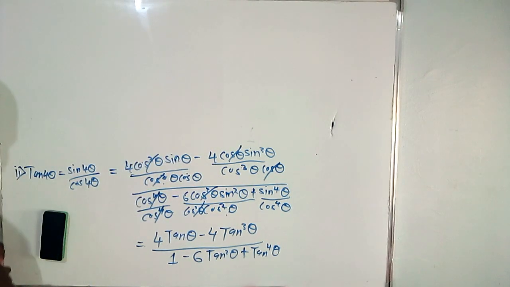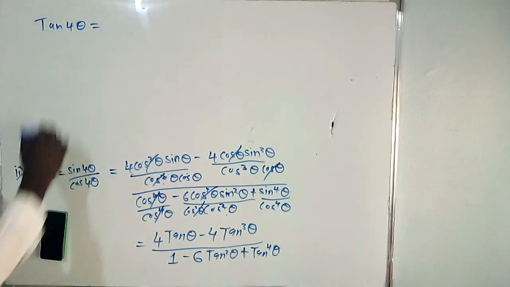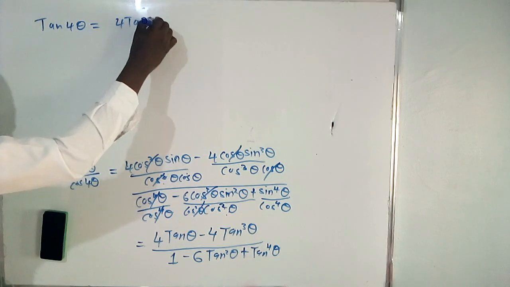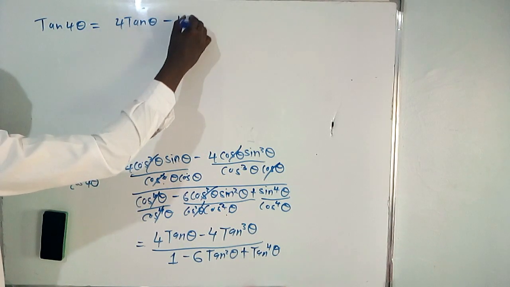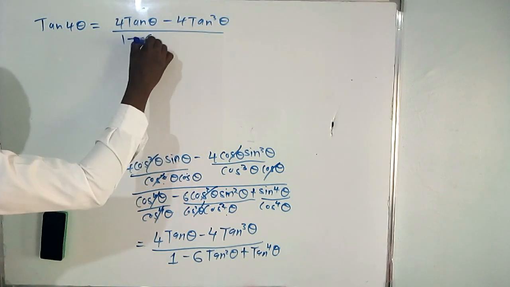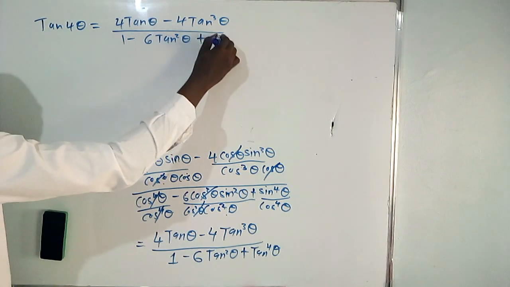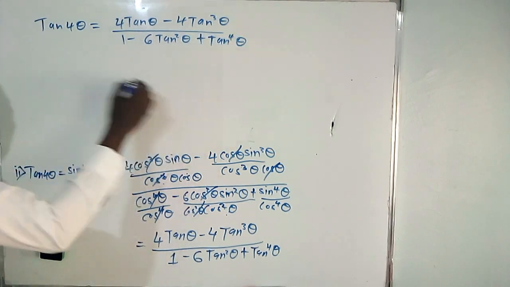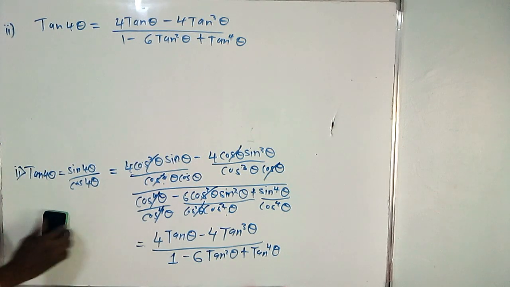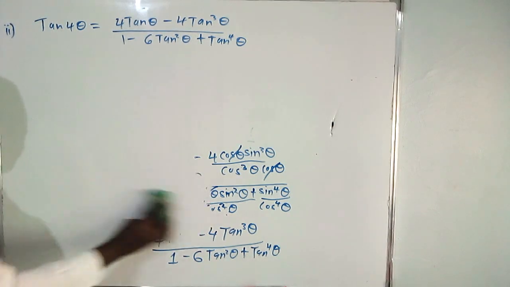So that is why they will ask that question in a different way. There are other means they can ask that question. They will tell you to prove the trigonometric identity that tan 4 theta is equals to 4 tan theta minus 4 tan cube theta over 1 minus 6 tan square theta plus tan raised to power 4 theta using DeMoivre's theorem, isn't it? Meaning you have to expand cos 4 theta and sin 4 theta in terms of powers of cosines and sines of theta.